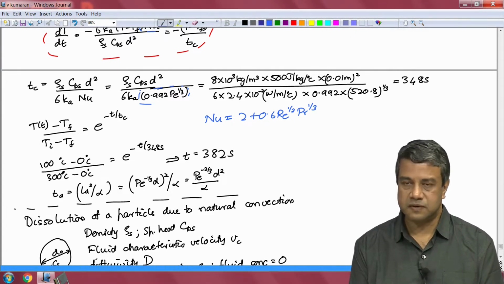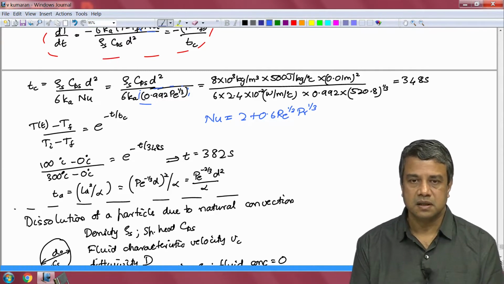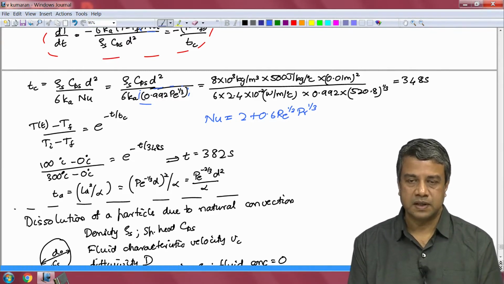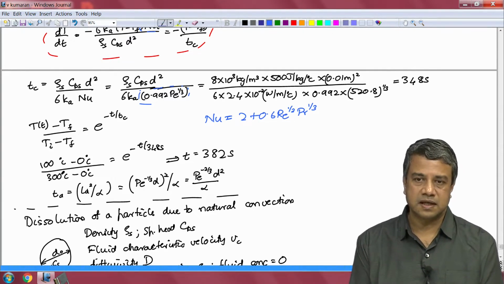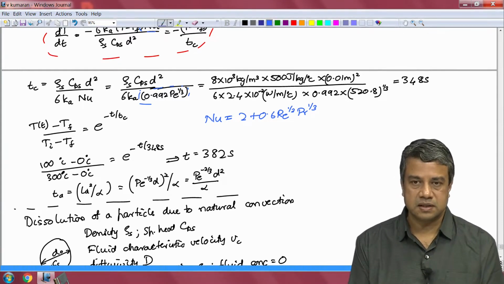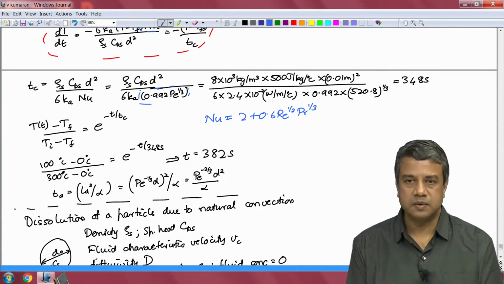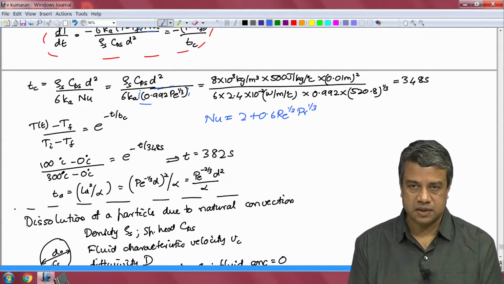Similarly, for specific unit operations, for specific equipment, there will be correlations in that particular domain that have been formulated and tested, and you could use those correlations. However, the calculation procedure will be exactly the same as that I have used here.